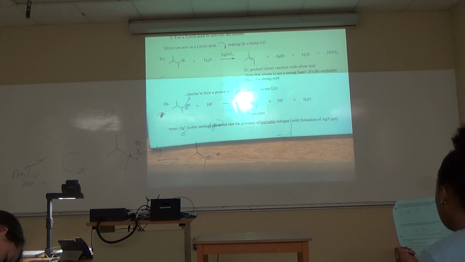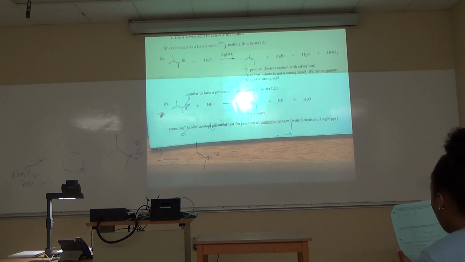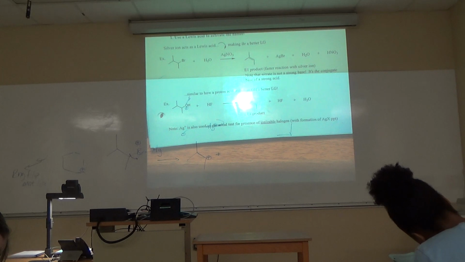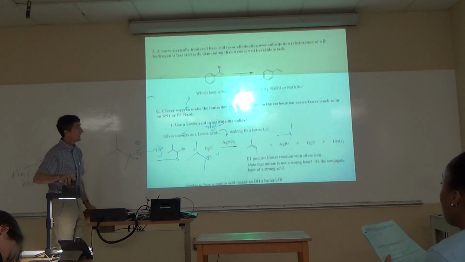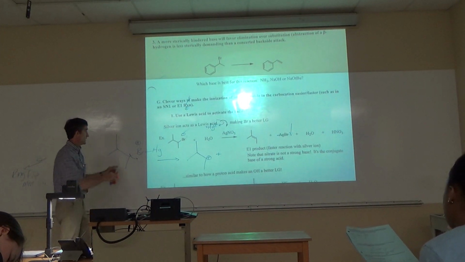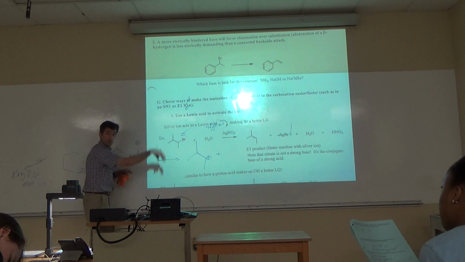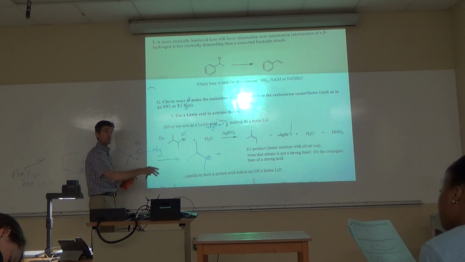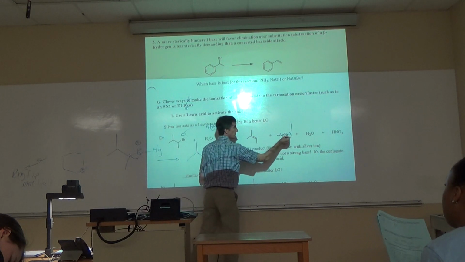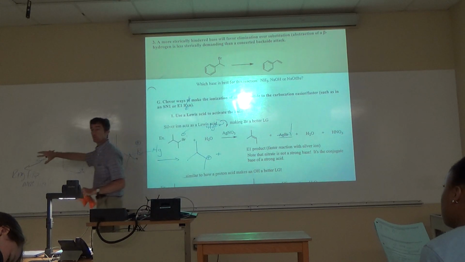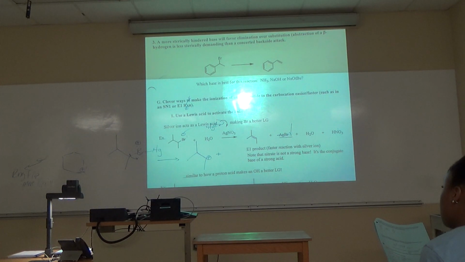You can't protonate a halogen like that. But they will complex with silver ion and a few others. And the reason this works may be because the silver precipitates and that drives the equilibrium. When this forms a precipitate, it pulls the equilibrium that way and it makes things work.